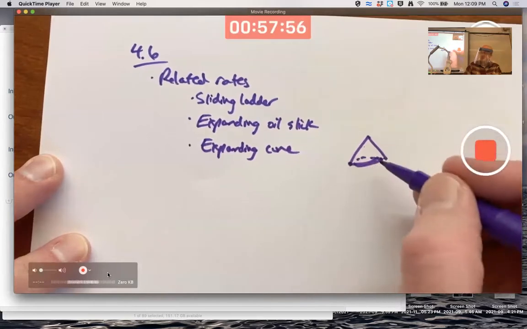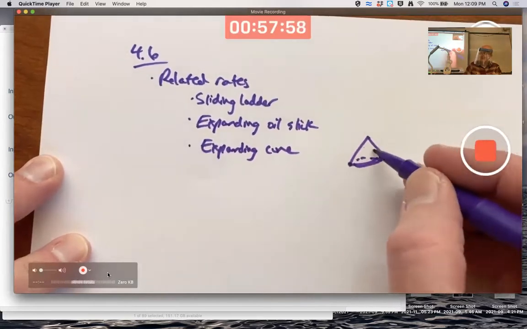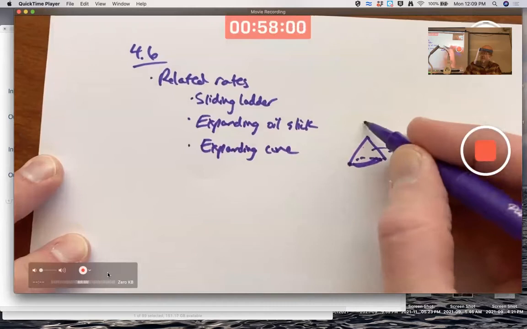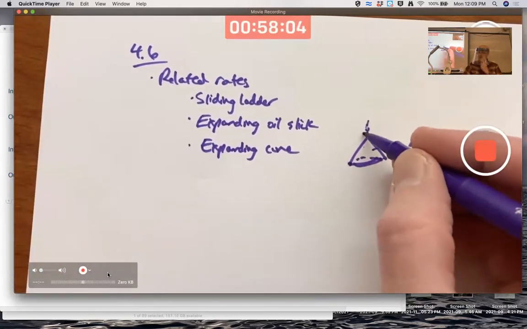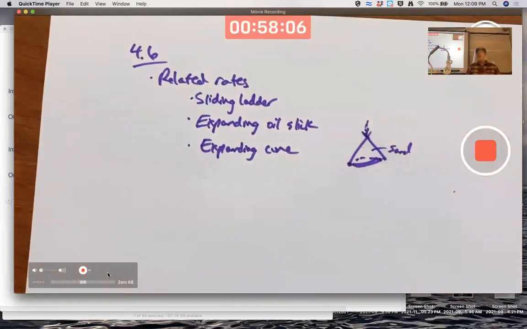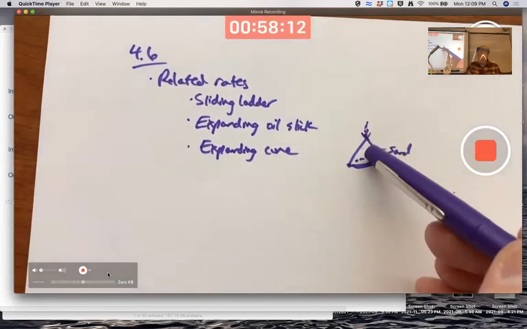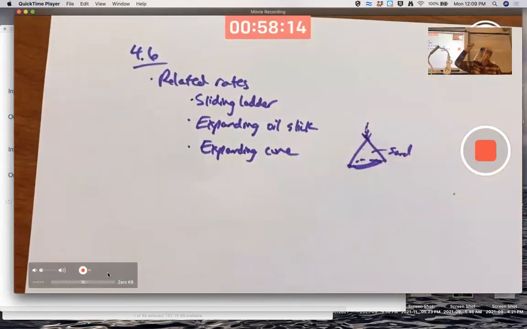But you could also do an expanding cone, say made out of sand, and you've got sand coming to the top of it at a certain rate of volume with respect to time. And you're wondering maybe how fast the top of the cone is going up. How fast is the height changing with respect to time?